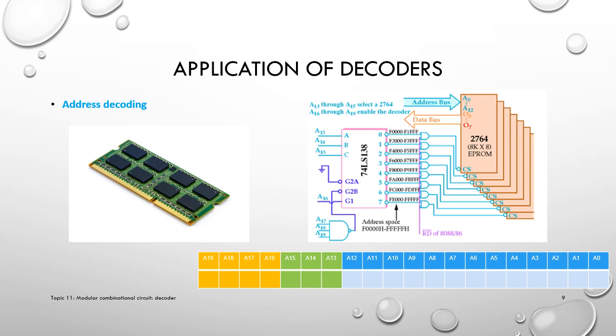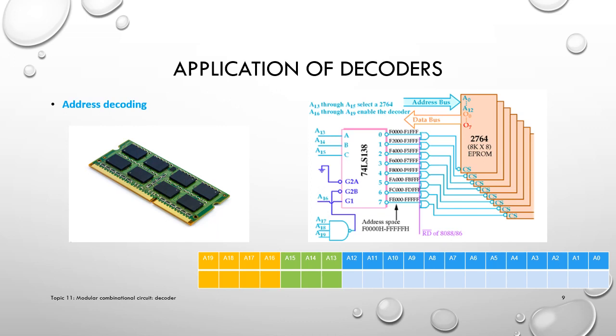The second common application for decoders is in computer memories, and we call this address decoding. This is a very commonly used technique for accessing memory data.